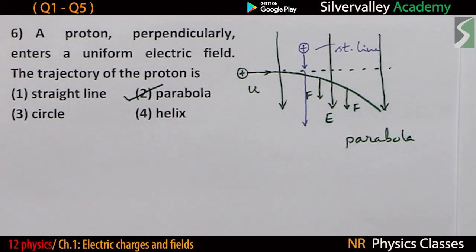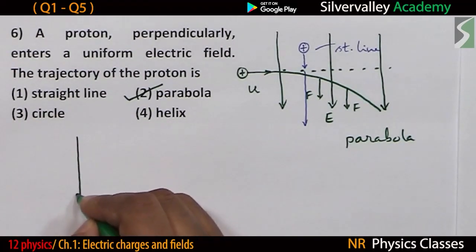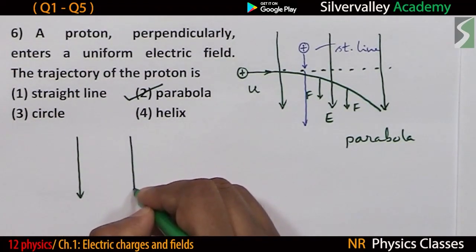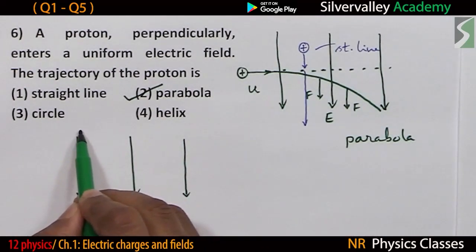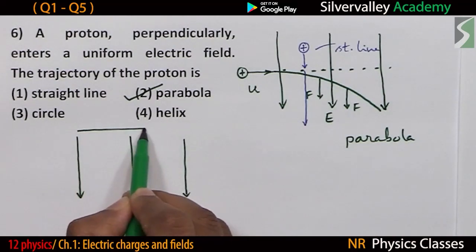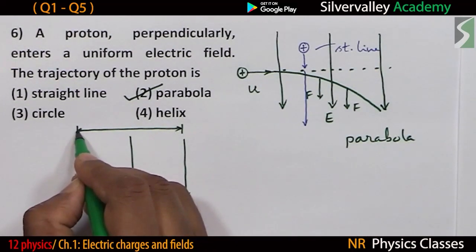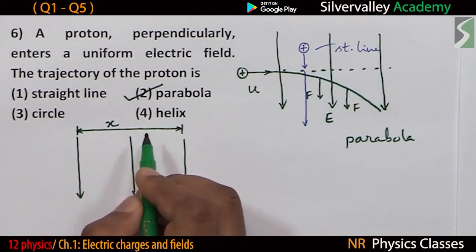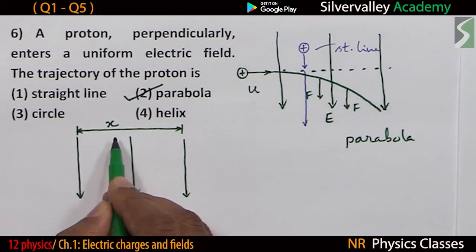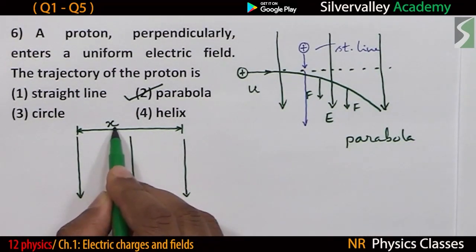Now let us see why it is parabola. Let this be uniform electric field. Length of the electric field is x. Okay.